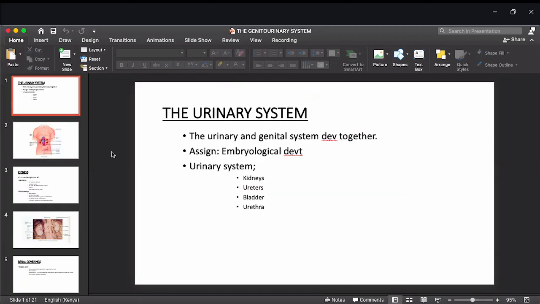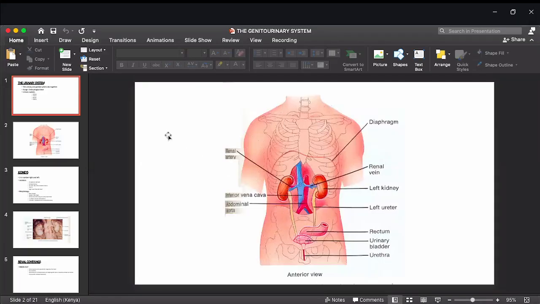So I've said the genitourinary system consists of the kidneys, ureter, bladder, and urethra. We'll cover the anatomy of that. The embryological and histological aspects of the same will be covered by Mr. Rajoro. Your class rep will schedule with him accordingly.